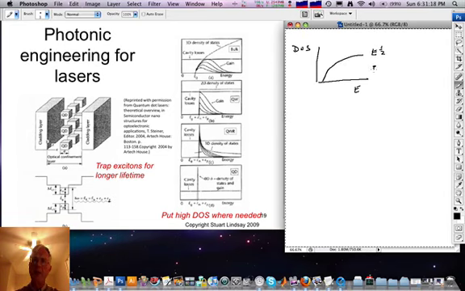So I show you here the same kind of plot of density of states against energy, but plotted here for a laser. The laser medium will have some profile of intrinsic gain versus energy, and this will be multiplied by the density of available states to give the actual gain versus energy profile.